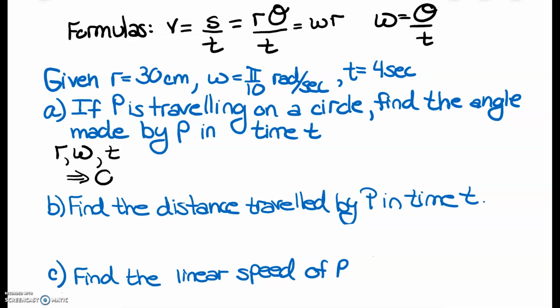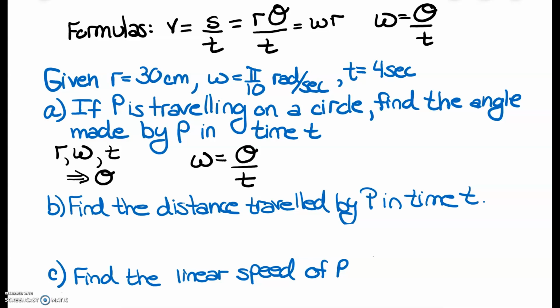find theta. So if we take a look at our formulas up here, I think that our angular velocity, or our angular speed formula, works really well because we have omega and t and we're looking for theta. So let's go ahead and use omega equals theta over t and plug in the information that we have.